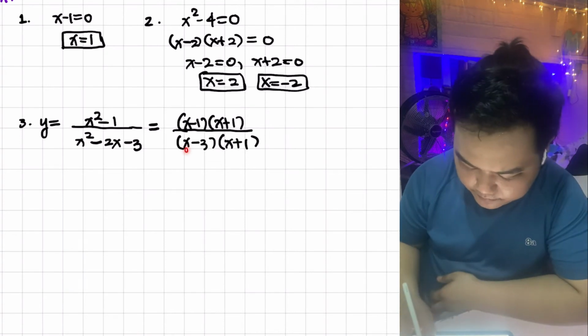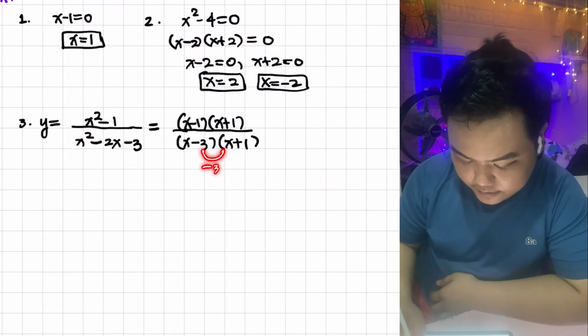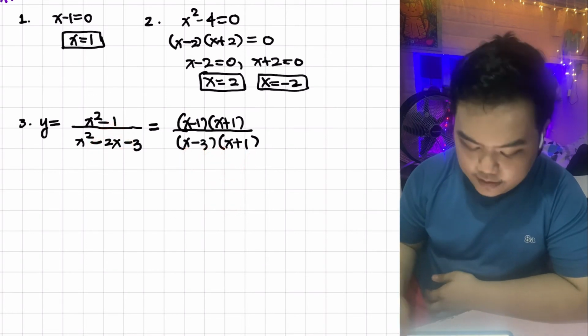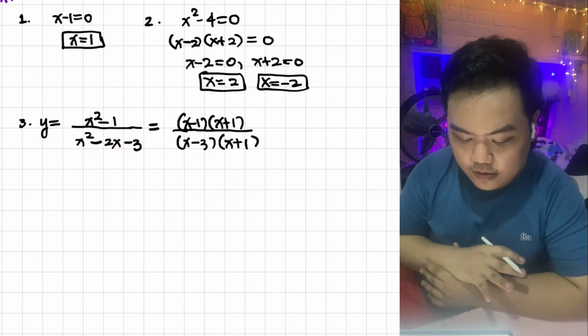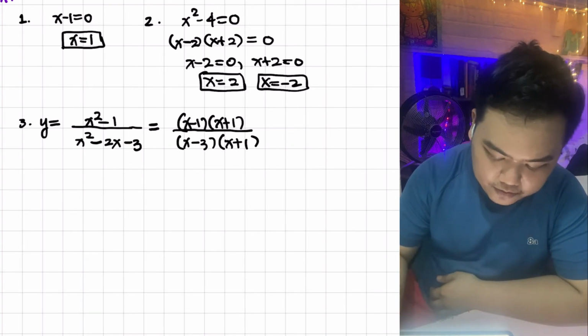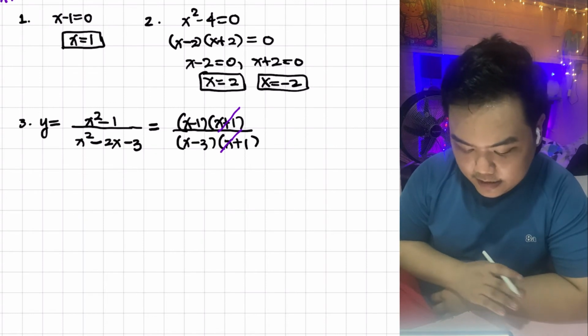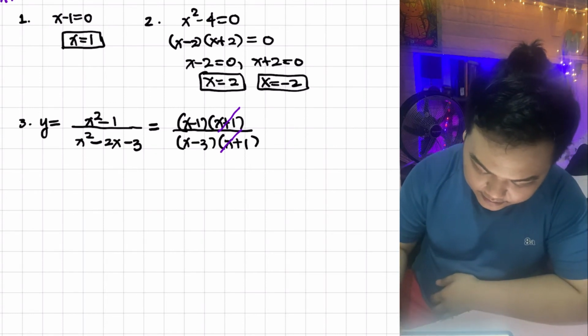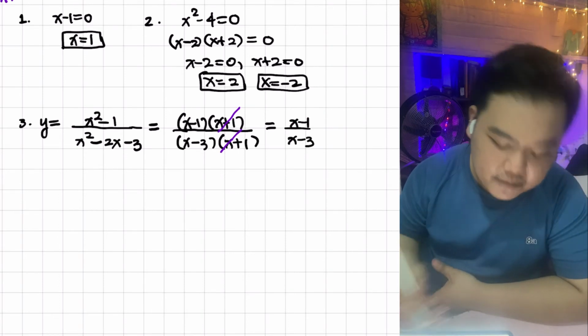Can we check? You get x squared, negative 3x plus x is negative 2x, negative 3. Ayan. So, cancel na tayo ng common factors. Okay? So, ang matitira sa iyo is x minus 1 over x minus 3.